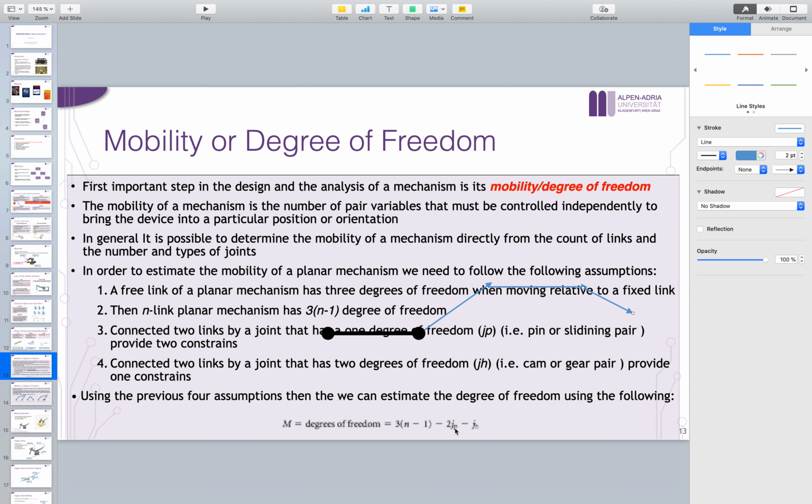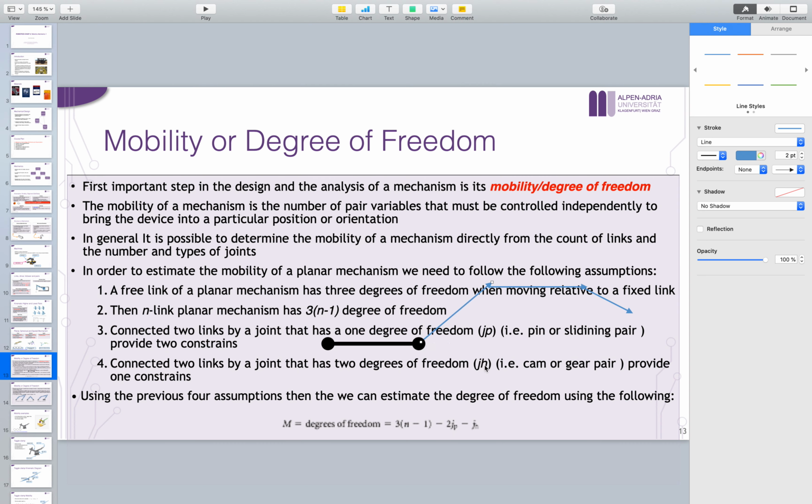Minus 2 multiplied by the first index there, which is the number. So if we look at J_P there, it is the number of joints in this mechanism that have 1 degree of freedom, like the revolute case.